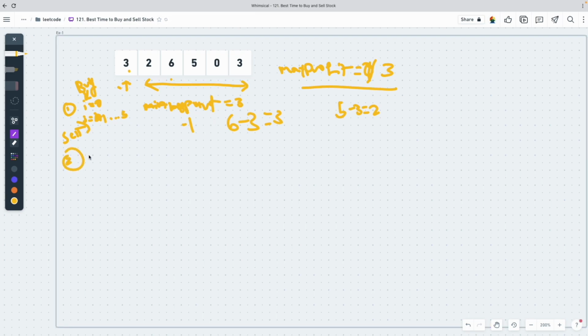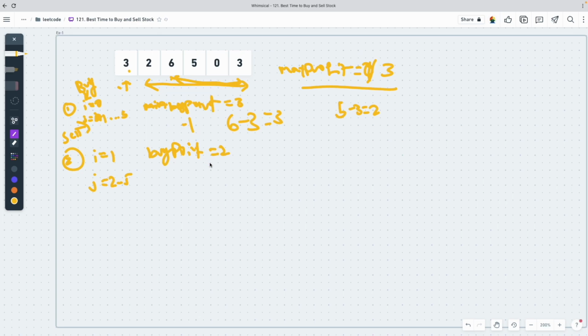Now if our iteration i is at 1, which is our buy point, that means our buy point is 2. We are buying the stock at value 2. Then j goes from i plus 1 to 5. We have to sell only in the future, that is why j goes from 2 to 5, which is from here to here.